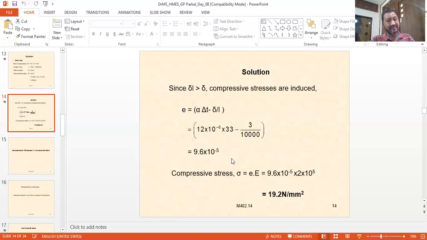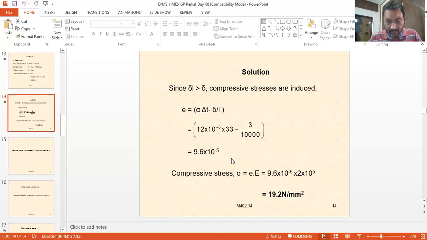In this case it is subjected to heating, an increase in temperature, and that free expansion is avoided. Therefore the compressive stress will develop in the rail. The amount of compressive stress developed is equal to 19.2 newtons per square millimeters.